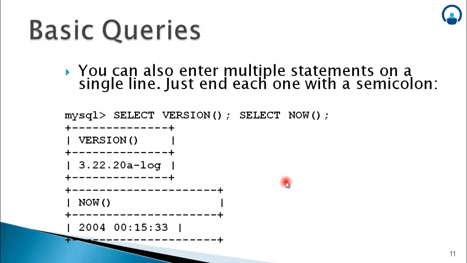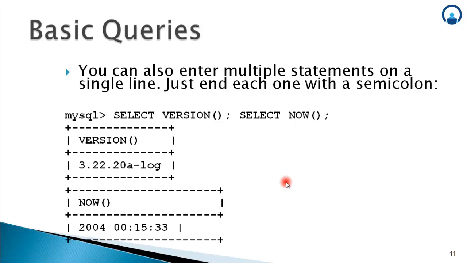You can also enter multiple statements on a single line. Just end each one with a semicolon. If you see the example that we have used here, it says select version(); select now(); Now select version is one query which ends with a semicolon. The next query is select now, that is also ending with a semicolon.